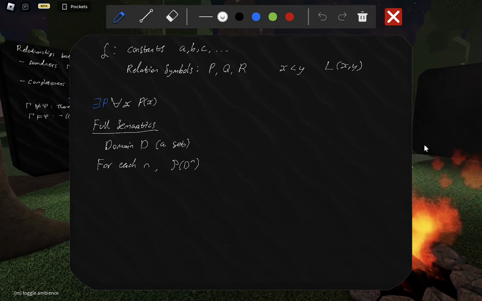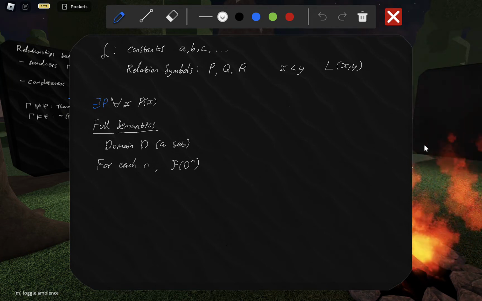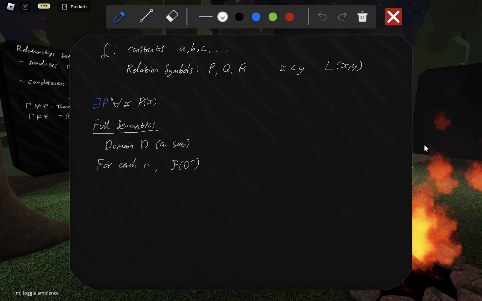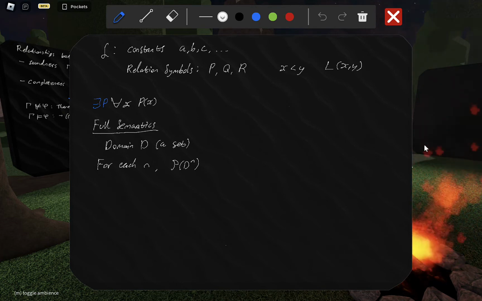A predicate is usually interpreted as a set.